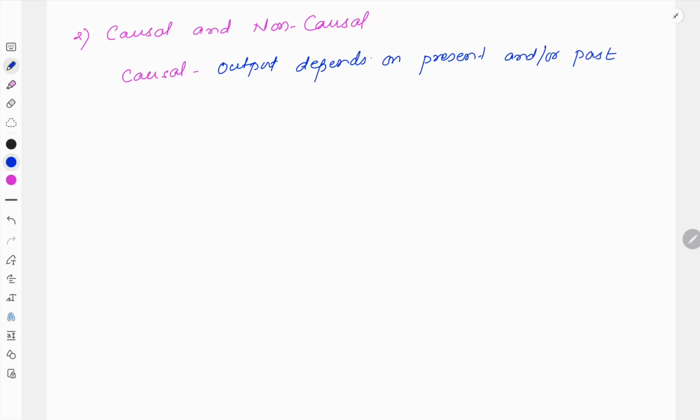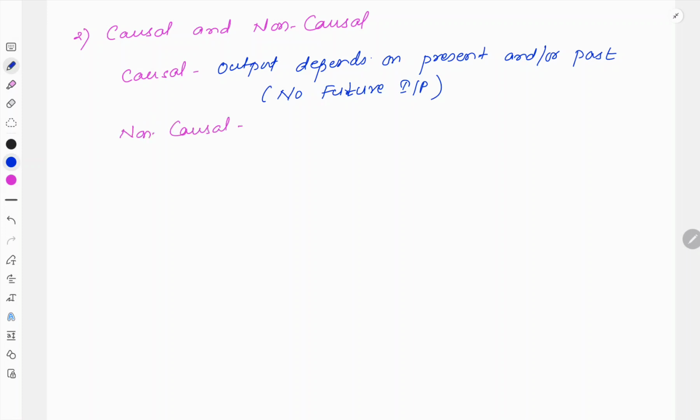It means if we have the output equation represented in terms of the combination of either present input or past input, then the system is said to be causal. So here we do not have future input, so no future inputs. In this case, the system is causal. Similarly, definition of non-causal system.